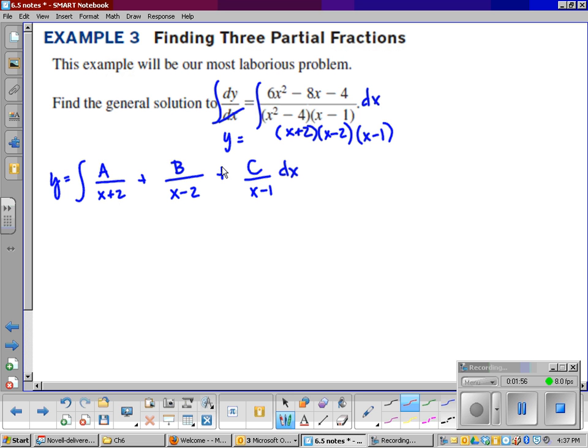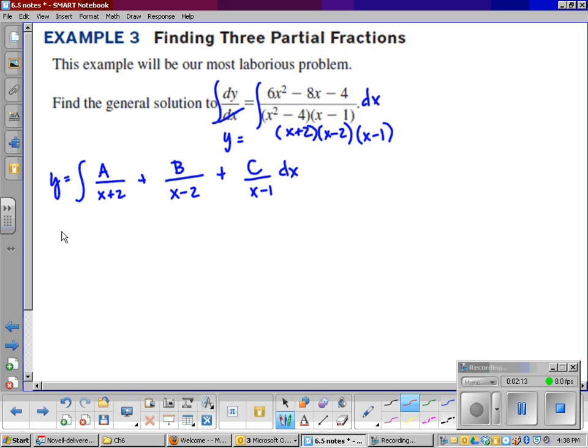If we add all of these fractions together and get a common denominator, then this first fraction is going to have to be multiplied by x minus 2 on top and bottom and x minus 1 on top and bottom. Again, we're just dealing with the numerators because we know what the denominator is going to end up being.